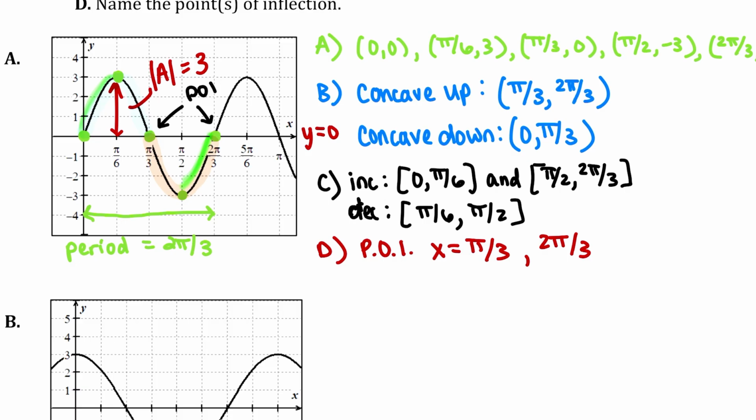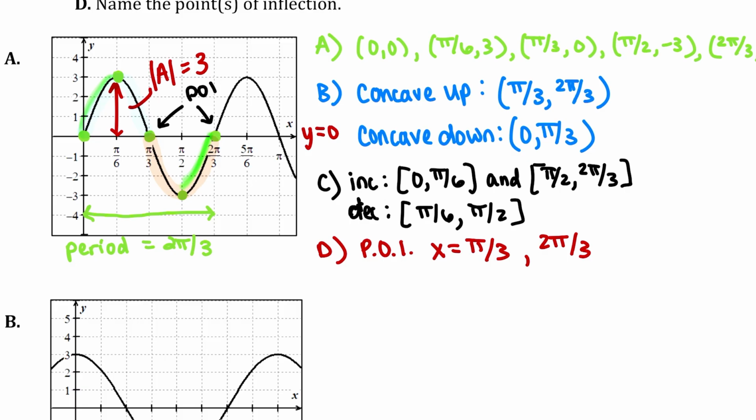But with pi over 3, it's switching from concave down to concave up. And with 2 pi over 3, it'll be switching from concave up to down eventually in our cycle, since it doesn't extend anywhere, like visually here.